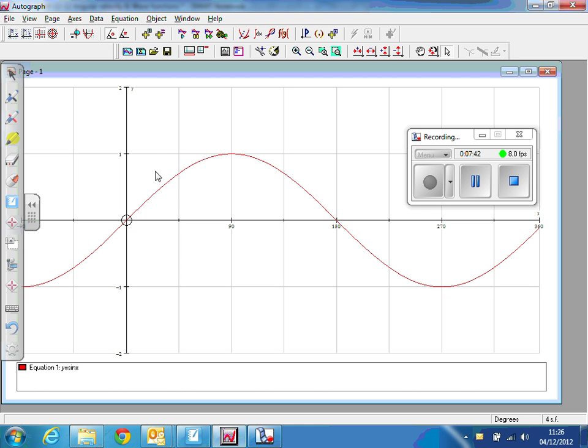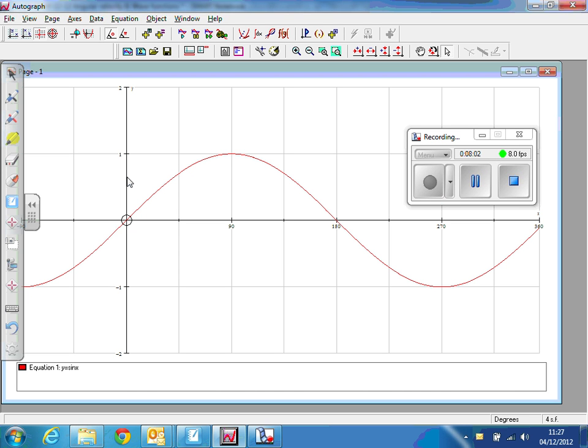So what is the sine of 45 degrees? Can you do that on your calculator? Sine of 45 degrees? Answer? 0.707.